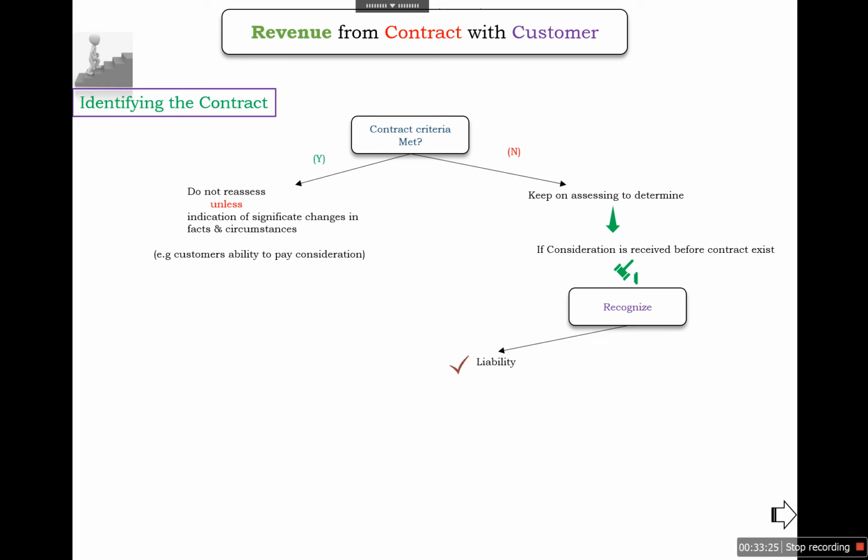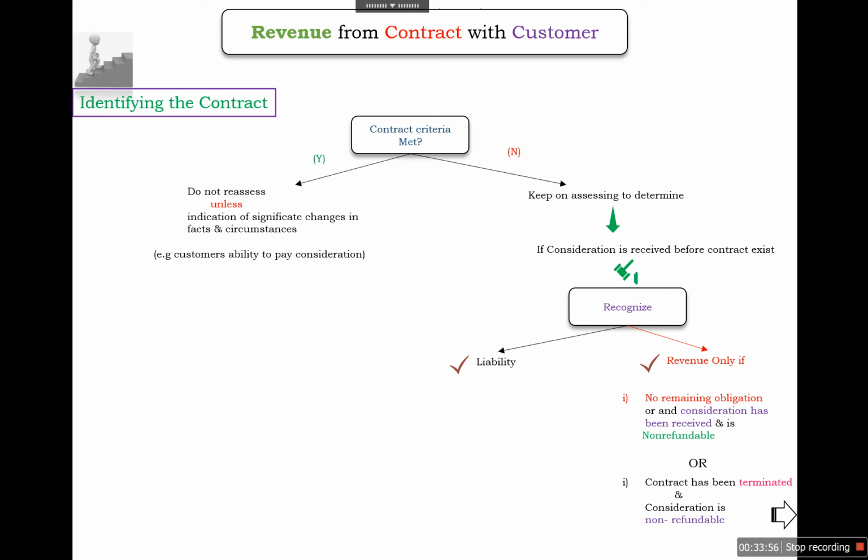If the consideration is received before the contract exists, before we enter into the contract, we have received the consideration from the customer, we need to recognize it as a liability. And we will recognize revenue only if there is no remaining obligation and consideration has been received and is not refundable, or the contract has been terminated and consideration is not refundable.